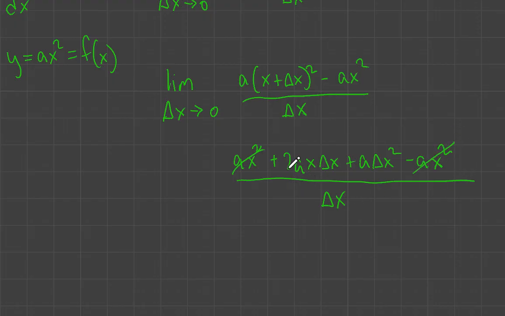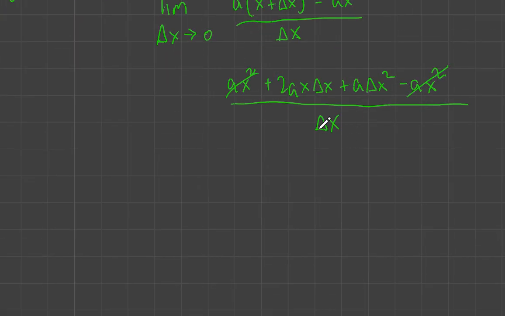All we're left with is 2ax delta x plus a delta x squared. So what happens is this delta x cancels this delta x and cancels out one of those delta x's. All we're left with is the limit as delta x goes to 0 of 2ax plus a delta x.